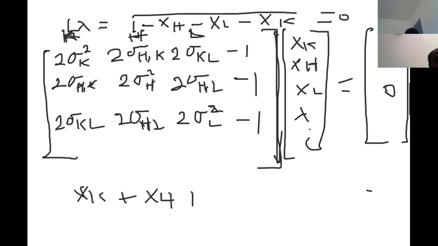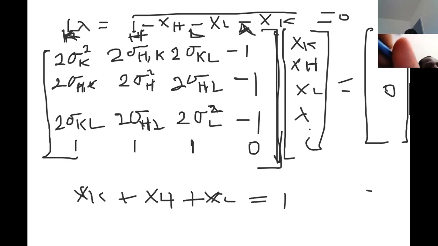So that means when I take SK out, I'll have 1 here, 1 here, 1 here. And there's no lambda in this equation, so the lambda part becomes 0. So when you multiply this by K, this by H, this by L, this by lambda, it gives you everything back.